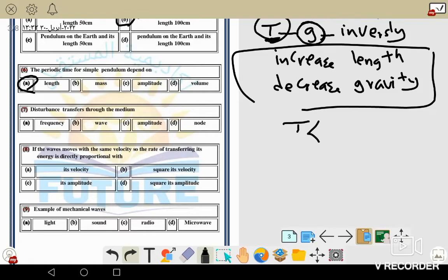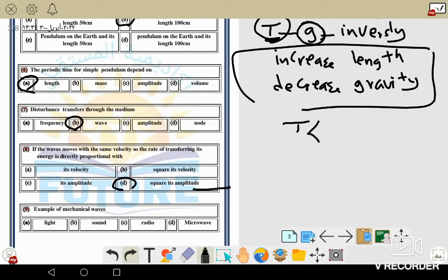Disturbance transfers through the medium. This is the definition of the wave. If the waves move with the same velocity, the rate of transferring its energy is directly proportional to the square of amplitude.